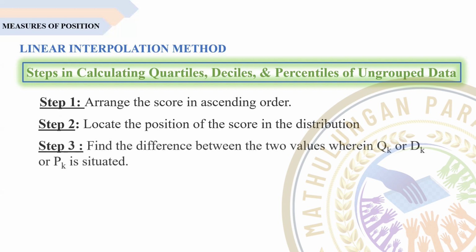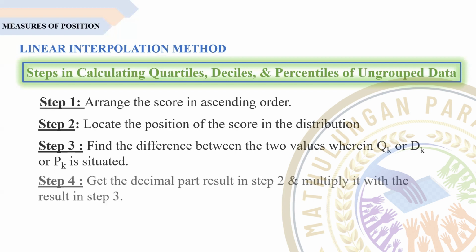Next, step 3, find the difference between the two values wherein Q sub k or D sub k or P sub k is situated. So kapag nakuha na natin yung ating location sa step 2, ay i-apply na natin ang step 3 at hahanapin na natin kung ano yung position ng ating hinahanap.